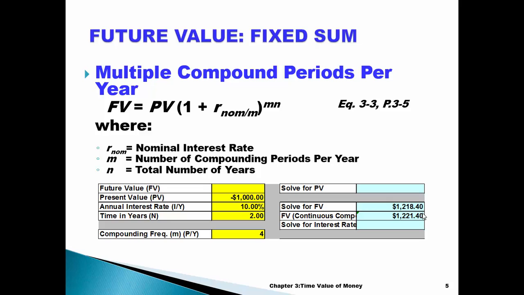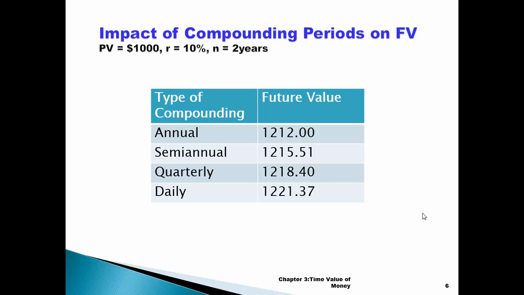So we end up seeing what? That it grew faster, it grew larger, because we calculated interest more frequently, and every time you calculate interest, that interest is going to grow on a periodic basis from there on through the rest of the investment horizon. So you could do this with an interest rate. Here we have 10%.